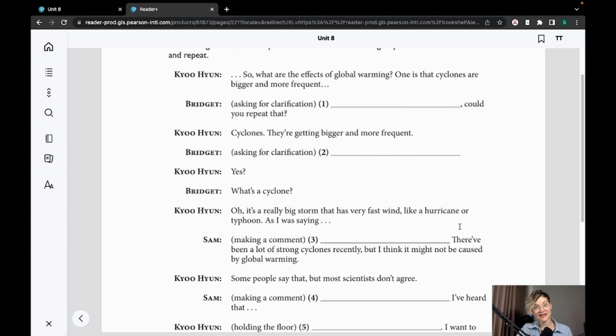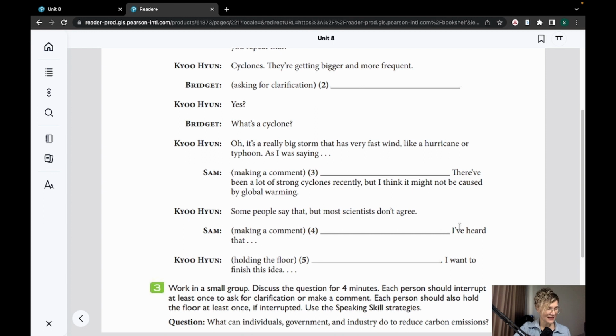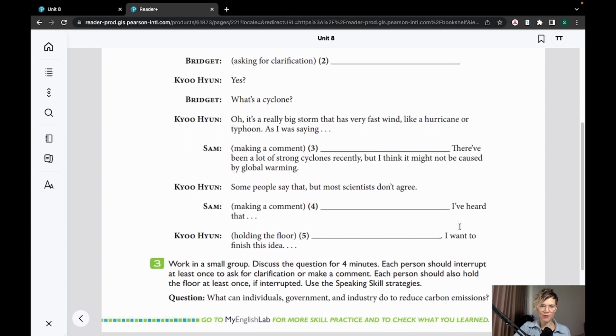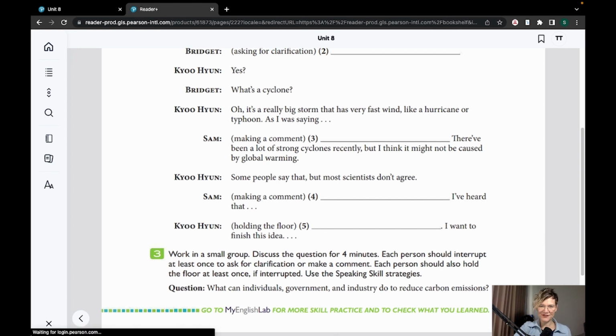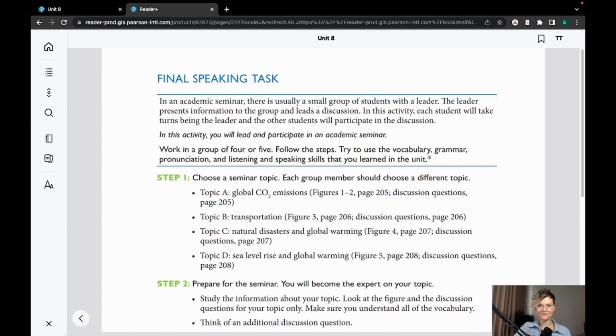And Bridget comes in asking for clarification. What would she say, or what would she do? Now, you've got to fill that out. What do you think would be suitable to put in number 1, 2, 3, 4, and 5? I hope we get some time to discuss this together when we meet in class. Yeah, that would be great, because then we can practice it.